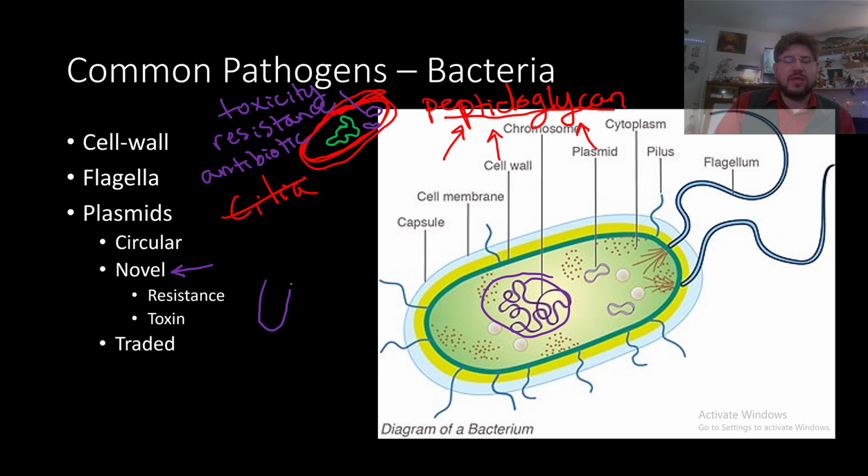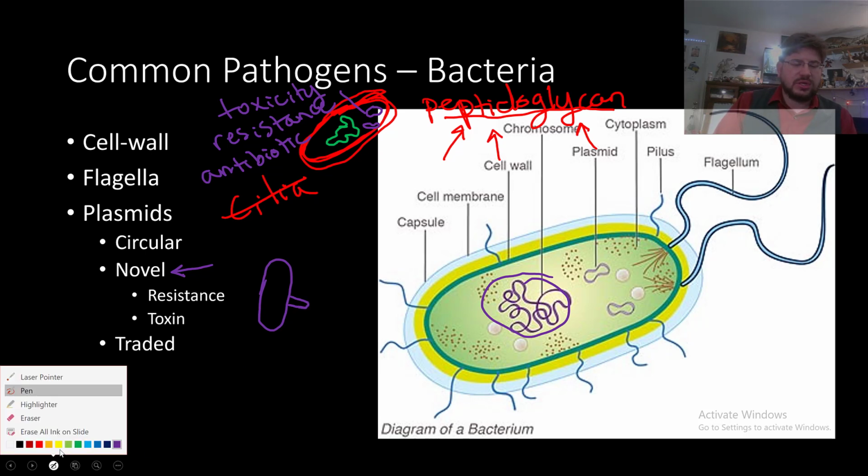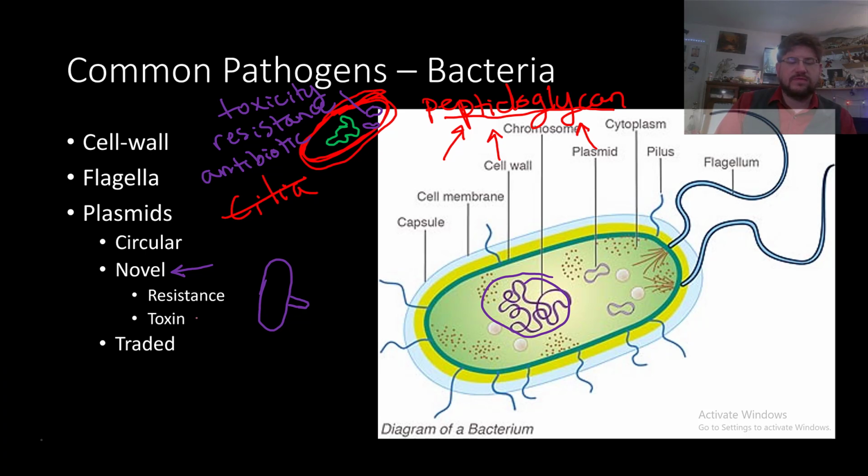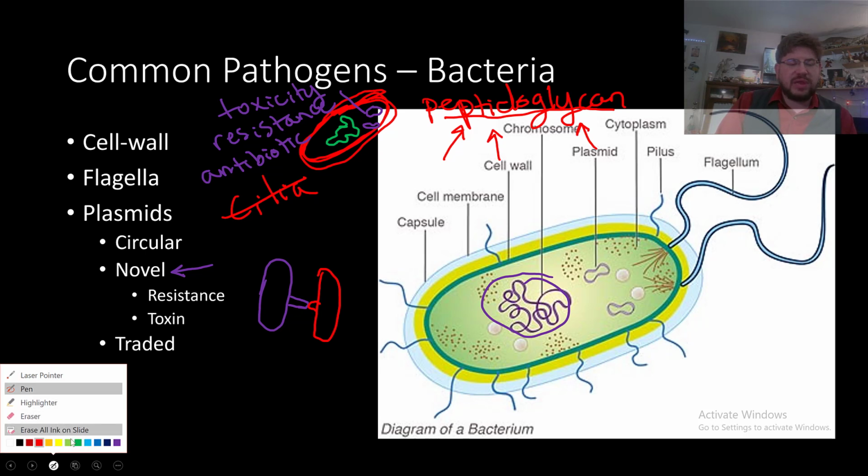If one bacteria has the genes to produce a little bridge, like this, and another bacteria has the genes to receive the little bridge, they can then copy off each other's plasmid information.